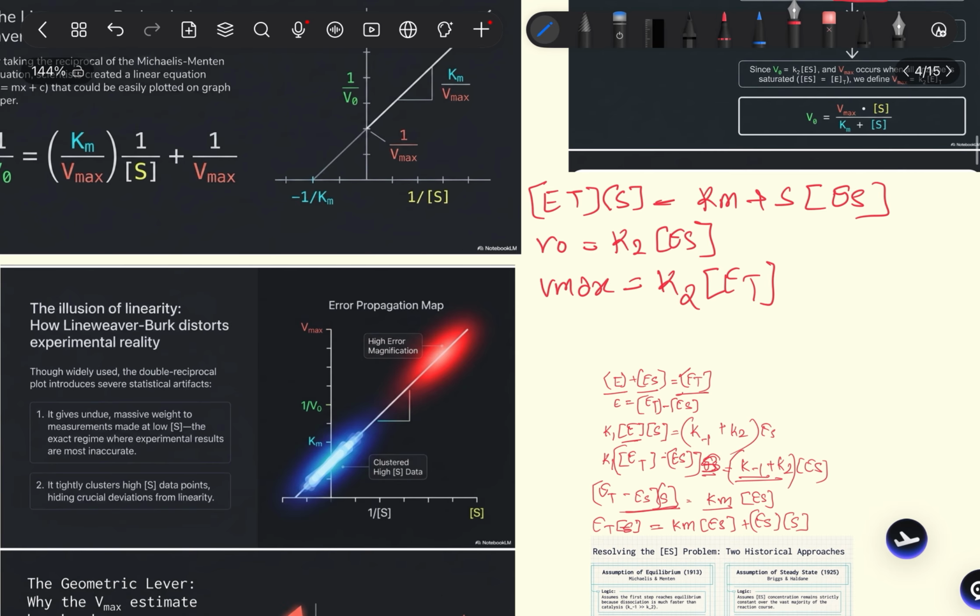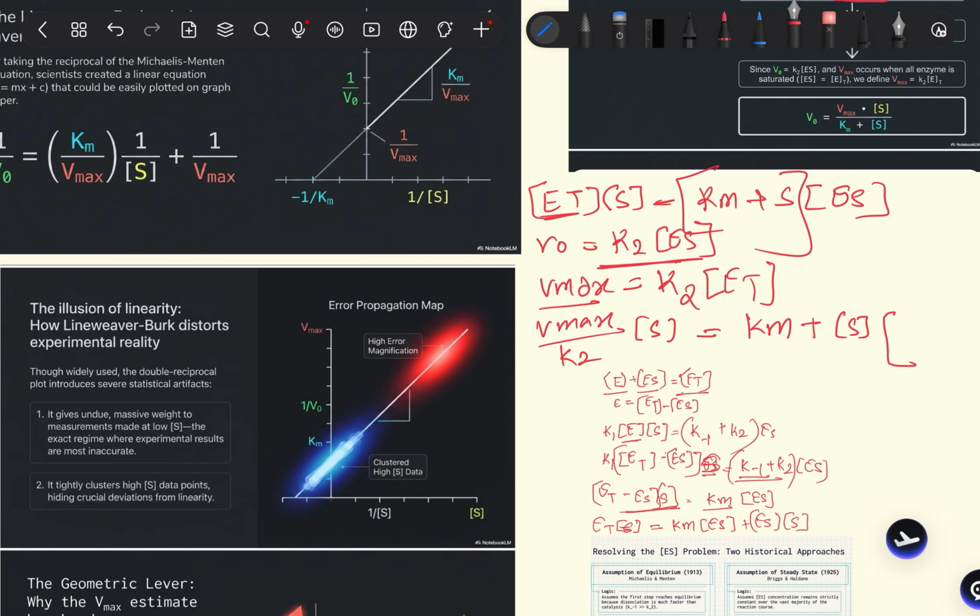Now, if I just replace it, what will I get? So this would be Vmax if I'm replacing here, right? K2 substrate, Km plus what is ES? S, what is V naught? This S is for everything, right?